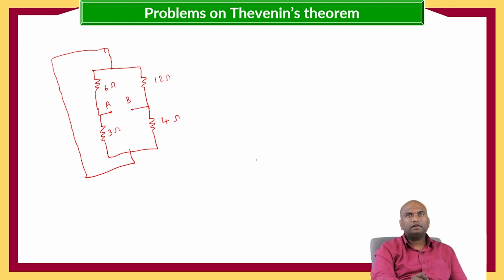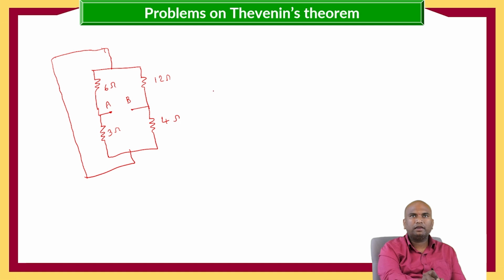So here, in order to get the equivalent resistance, we need to place the AB terminals outside and the short circuited terminals inside.